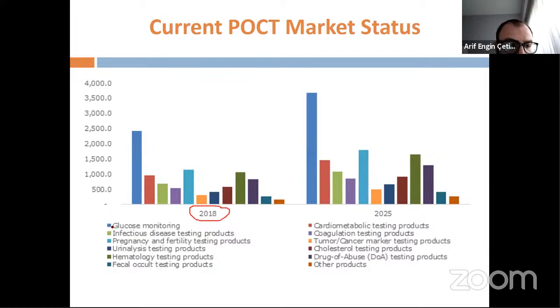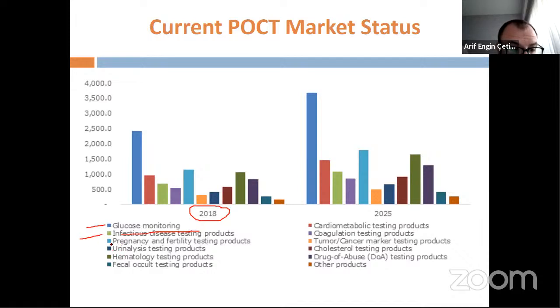So as I told you, the most widely used POCT test is glucose monitoring. Infectious disease, now probably this year it has adapted a lot compared to the percent I told you, the infectious disease with COVID-19. Millions of POCT tests were sold throughout the world.